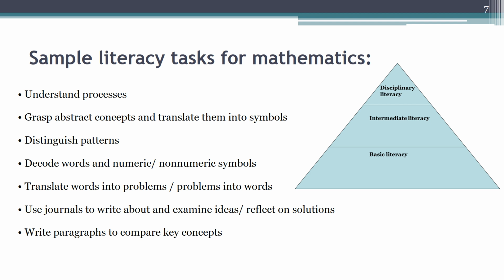Intermediate literacy is in elementary school when our students are expanding their vocabularies, they're expanding their literacy skills. But up at the top, disciplinary literacy, which is a smaller subset, it's much more specific in terms of vocabulary, in terms of concepts and processes and reasoning skills.